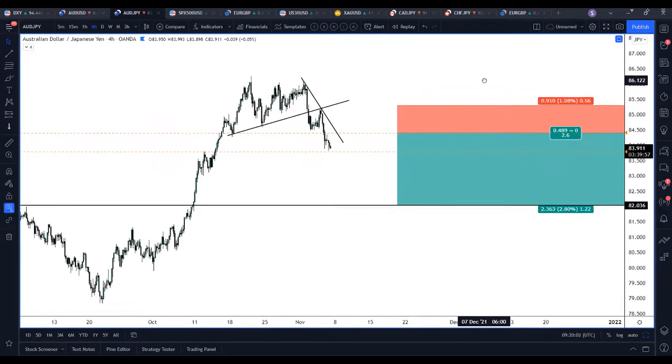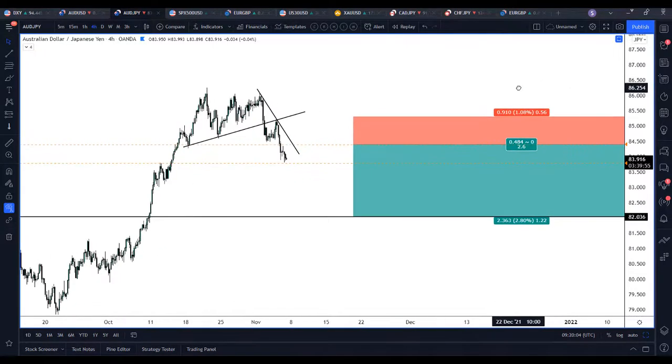Okay, now if you're an intraday trader and you've got access to the charts, simple, we just set an alert and see how price reacts around there, see if we get sellers come in.